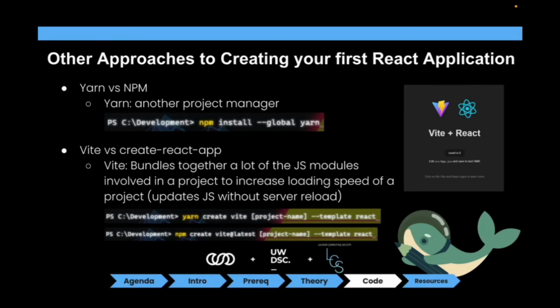The commands are pretty much the same when installing a dependency, just having to adjust for the specific syntax that Yarn uses. Another thing I would personally recommend over Create React App is Vite, simply because Vite bundles together a lot of the JSX modules involved in a project to increase loading speed. This meaning that it uses something called hot module replacement, where a module is essentially just your JS file, and it bundles them together behind the scenes and then loads it onto the screen almost instantaneously.